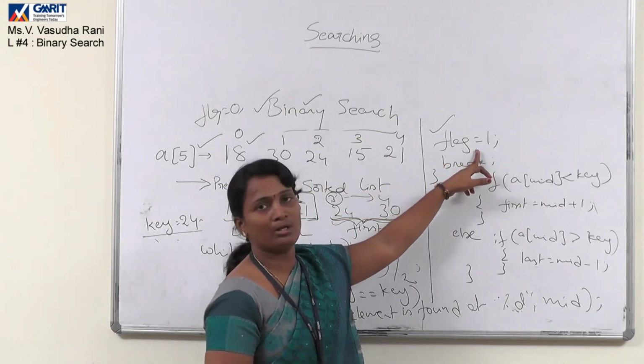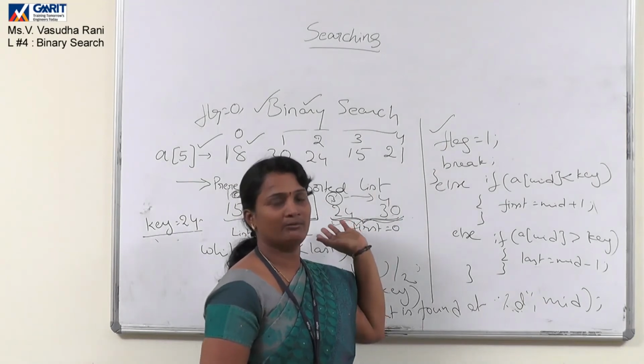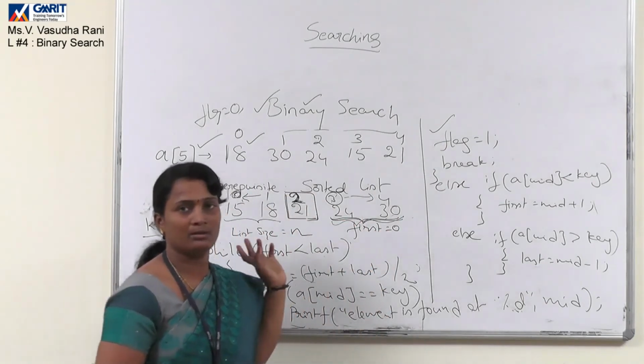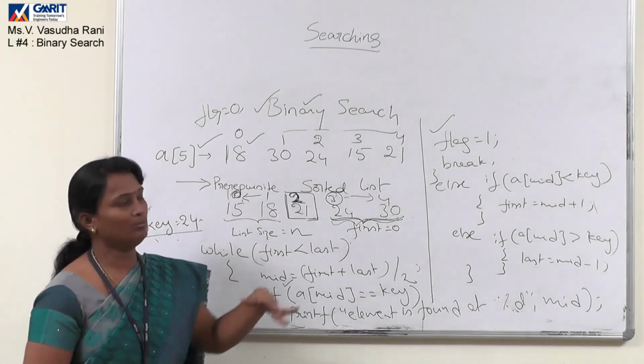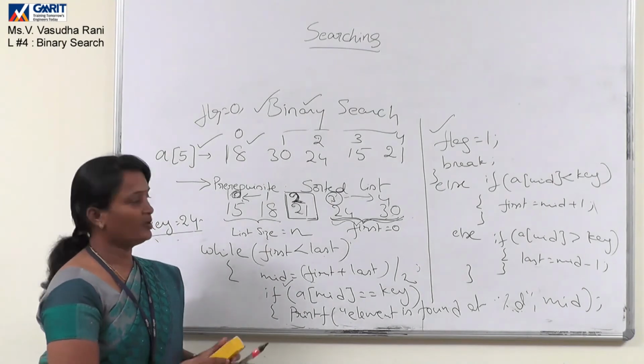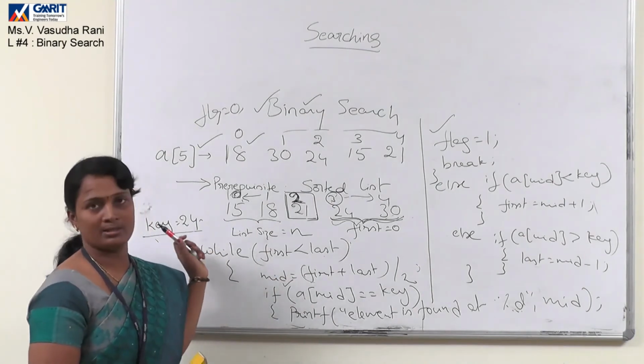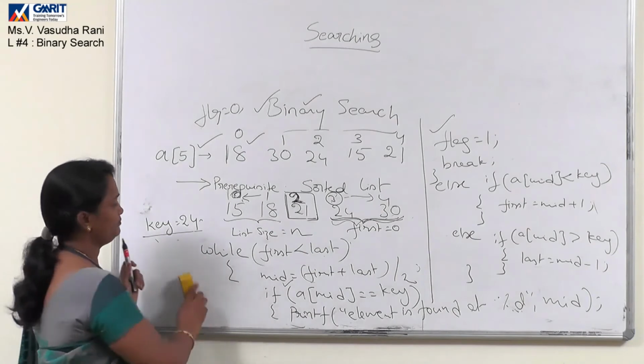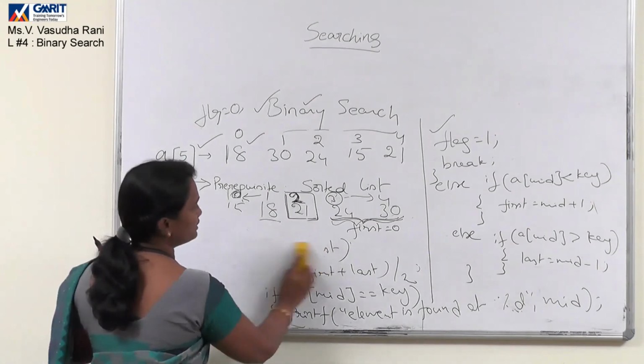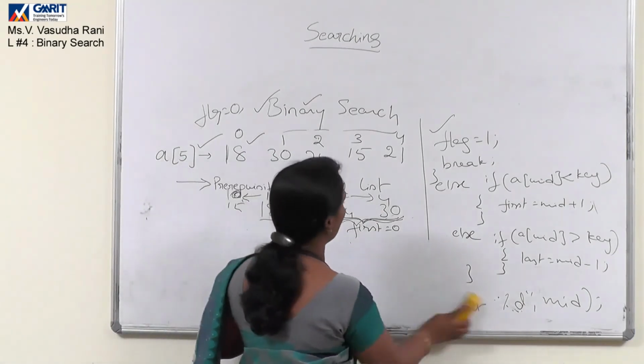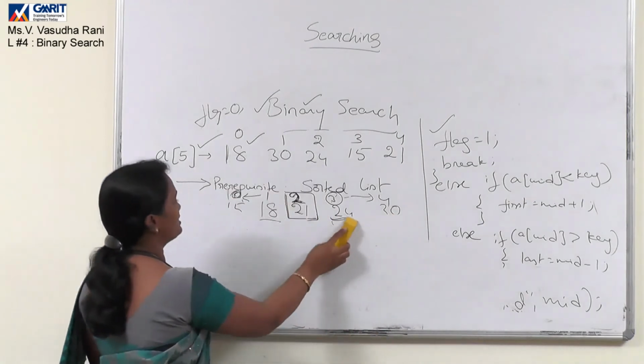If flag is 0, we can conclude that element is not there in the list. So this is how binary search is done, and this is the algorithm for it. And coming to the third part, time complexity analysis.